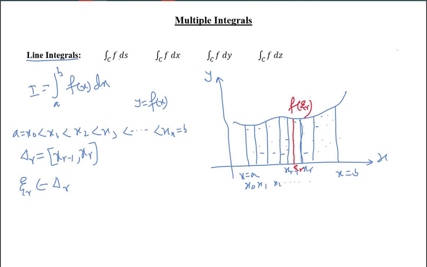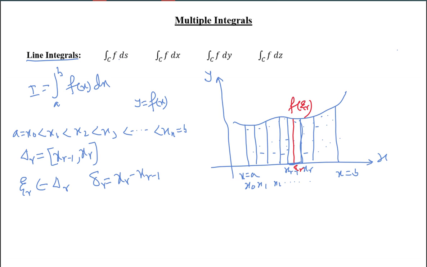Now I'm writing small delta r is equal to the length of the interval, xr minus xr minus 1. This is the length of the interval delta r. That means this length is delta r.